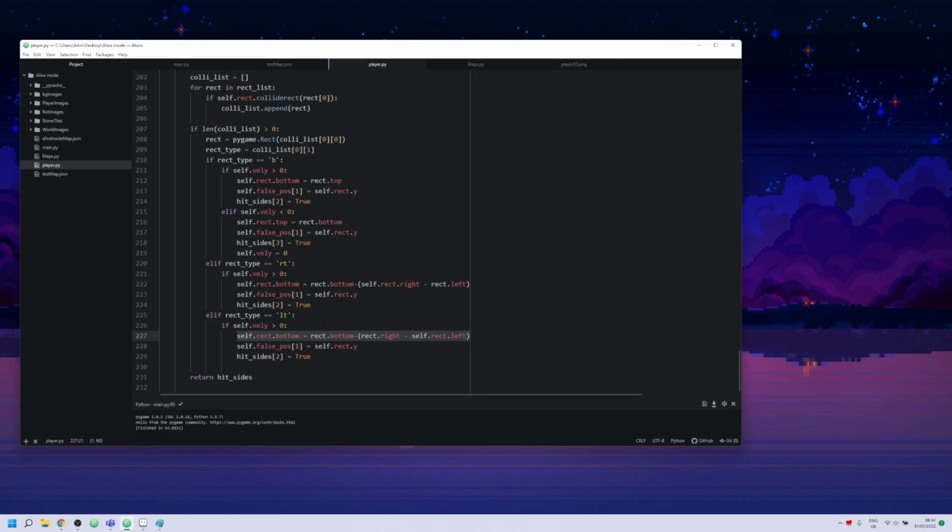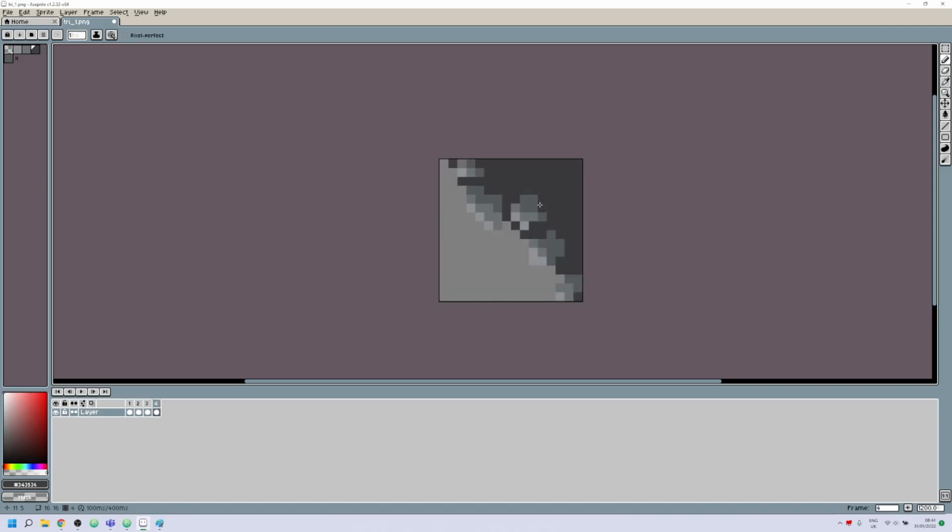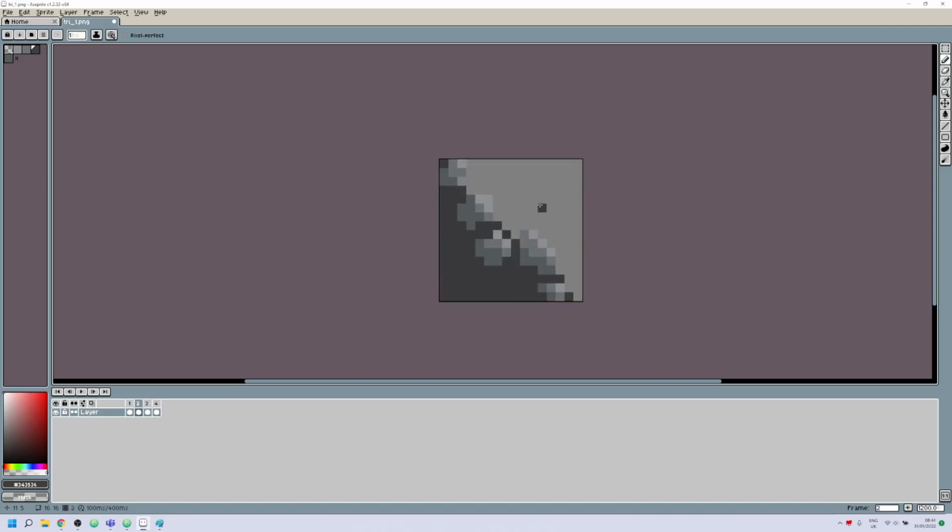You don't need to check if you're actually moving upwards and hitting a ramp unless you're deciding to implement ramps like these two. I'm not. I'm just sticking with these because I feel like the time it would take me to implement those wouldn't really be worth it.